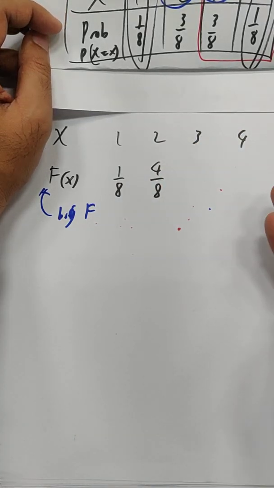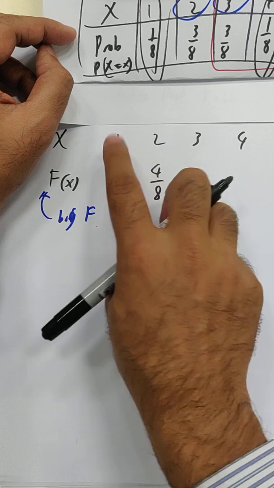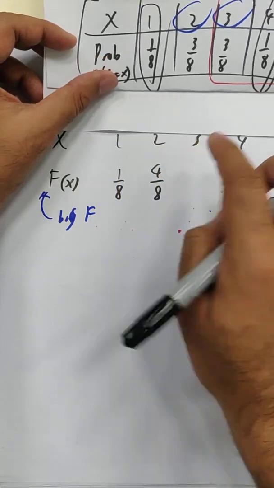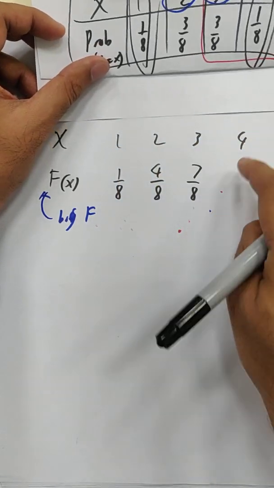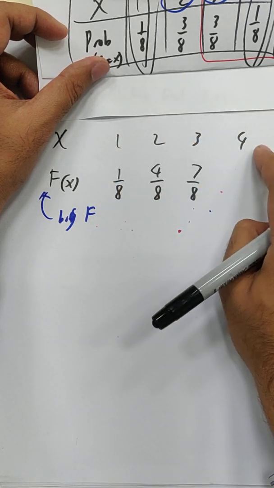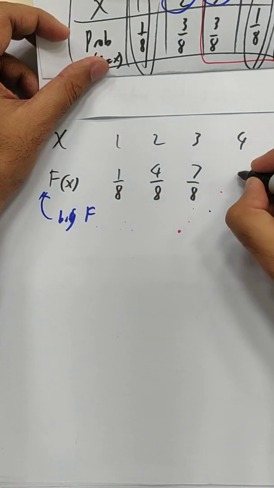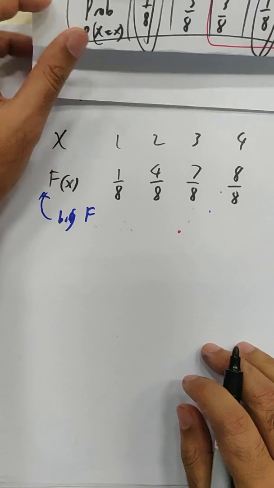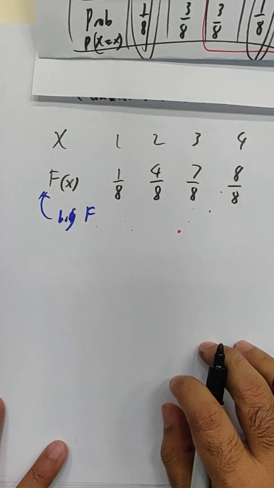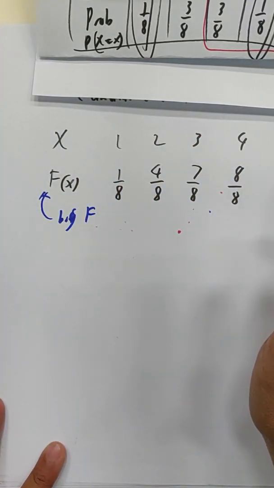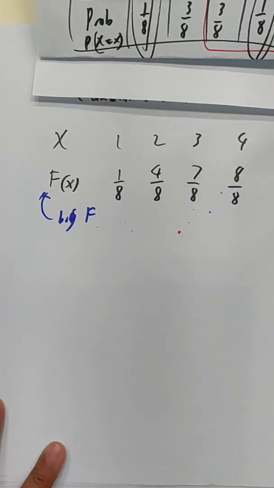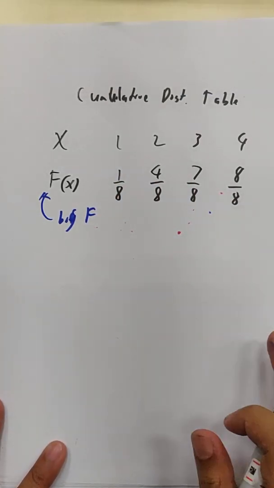Let's write down 4 over 8 first. What's the probability for you to get 3? 1, 2, and 3. 7 over 8. What's the probability for you to get 1, 2, 3, and 4? 8 over 8 or 1. Okay, so it's an add up. I'm trying to go as slow as possible for you right now.